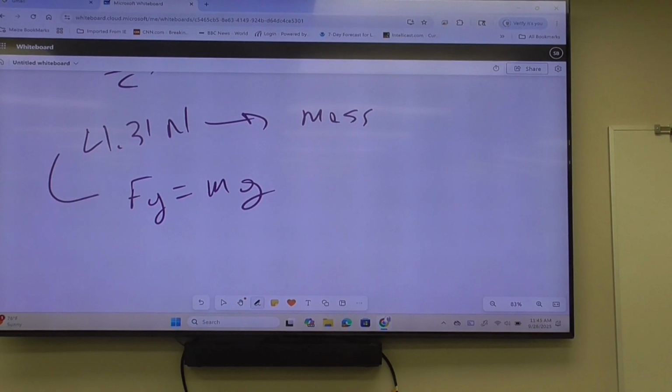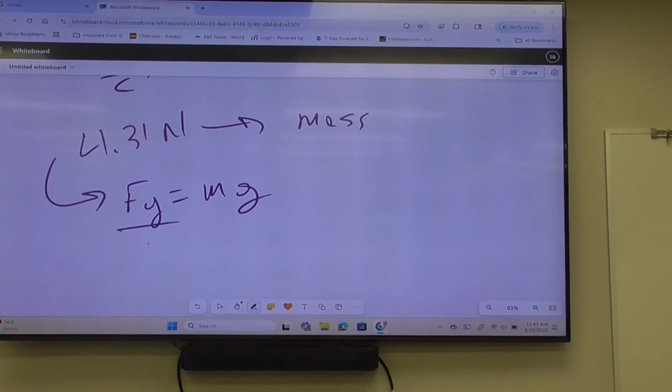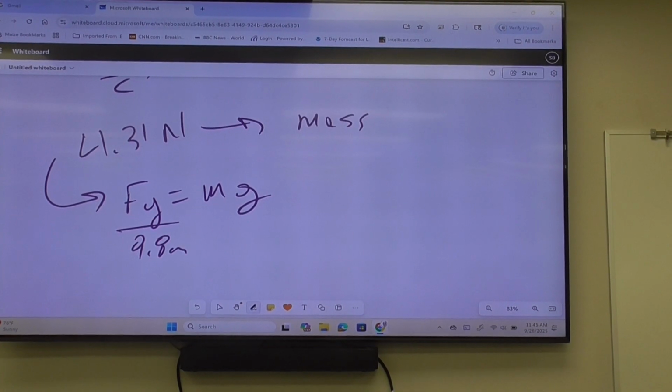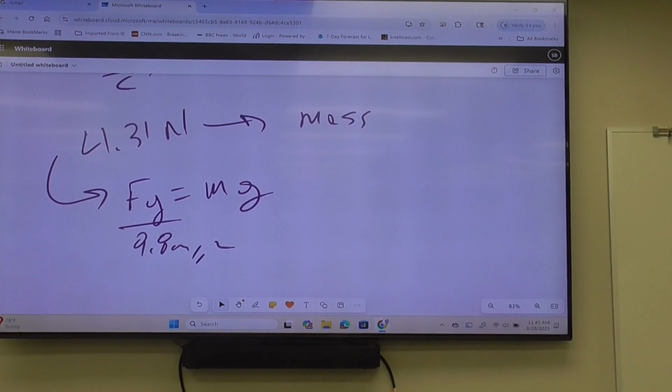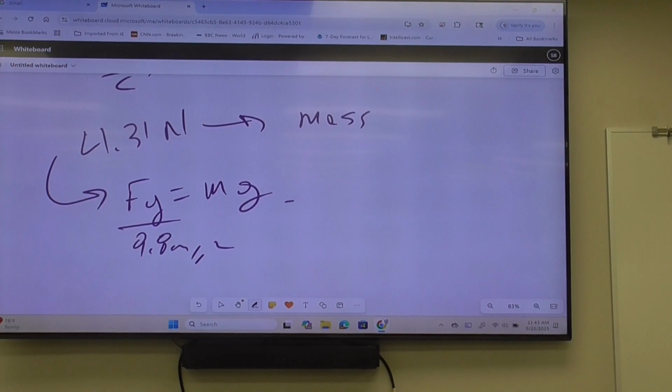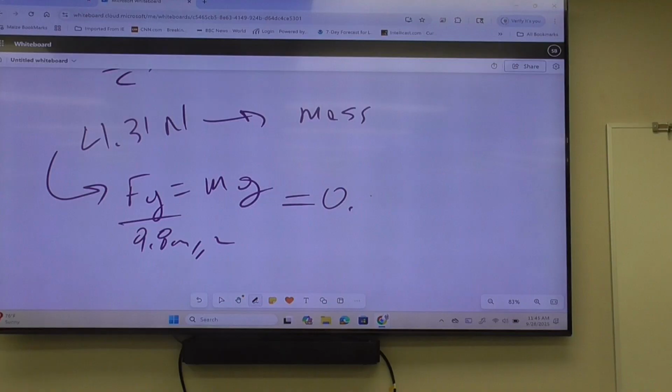So if this is 4.31 newtons, I divide that by 9.8 meters per second squared, and I can get mass. So somebody take 4.31 and divide that by 9.8. 0.440 kilograms.